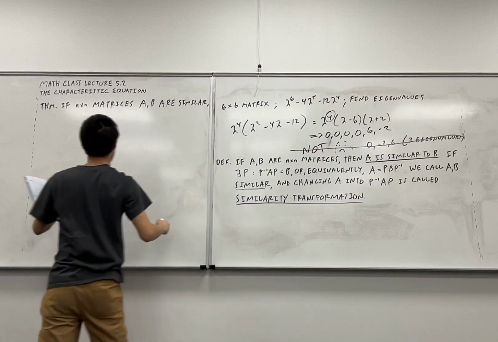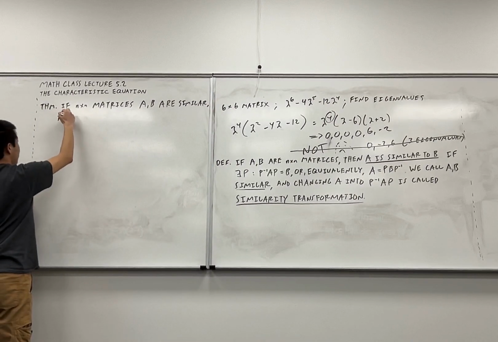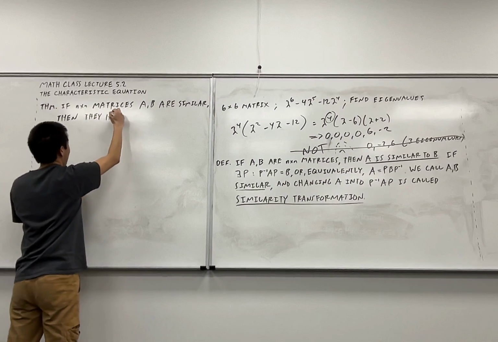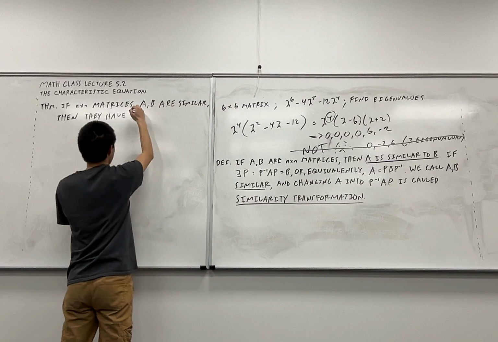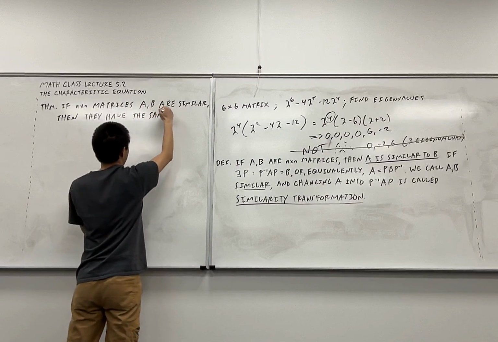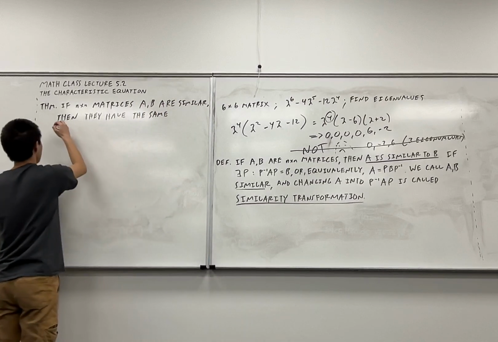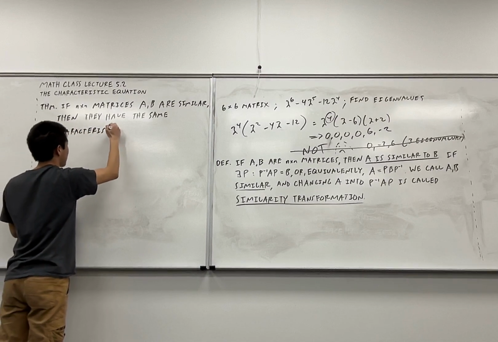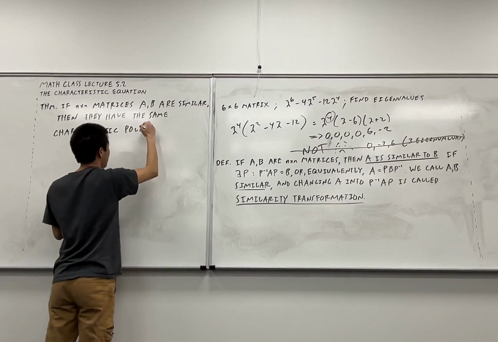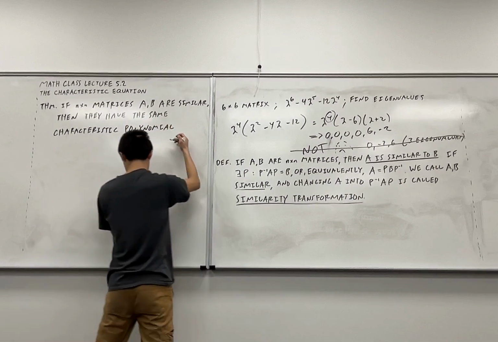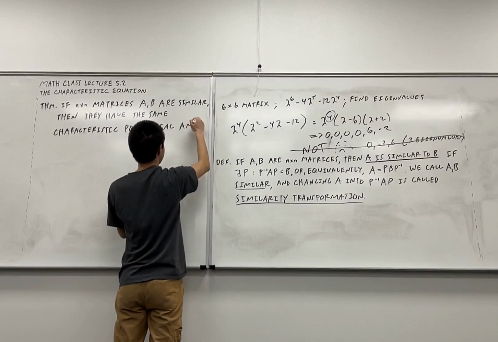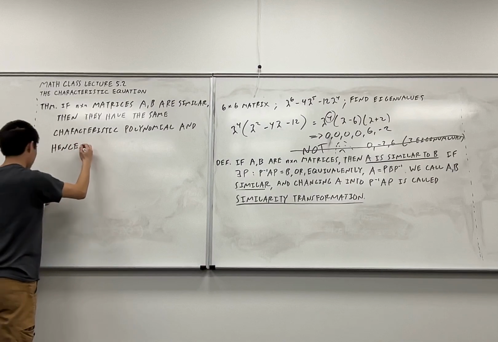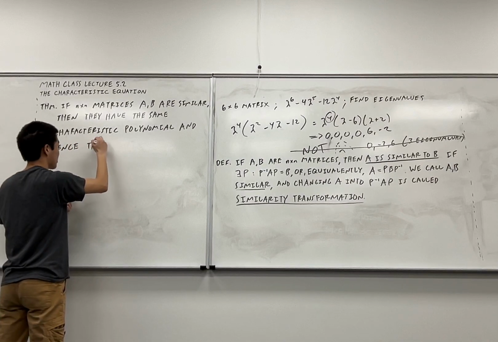Okay, so if I have two similar matrices, here's why we care. They have the same characteristic polynomial. And if they have the same characteristic polynomials, then hence the same what?